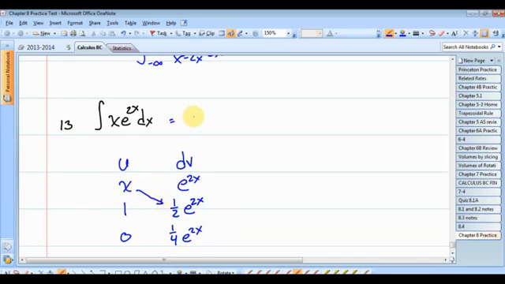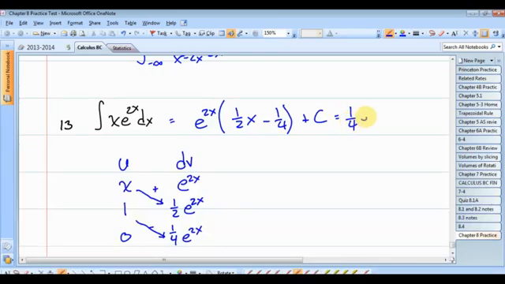So this is equal to 1/2 x e to the 2x minus 1/4 e to the 2x. Actually, you can factor out that 1/4: 1/4 e to the 2x times (2x minus 1). That looks nicer.